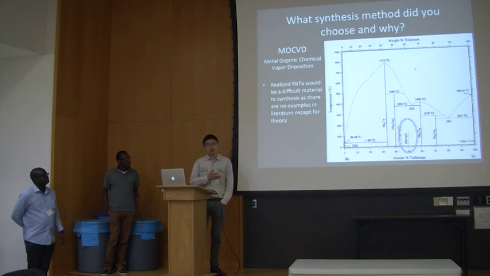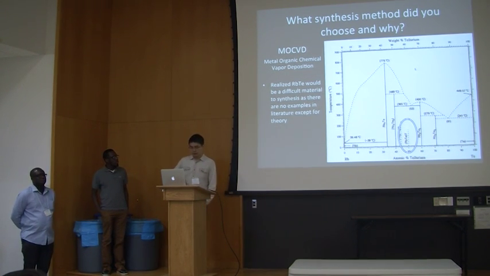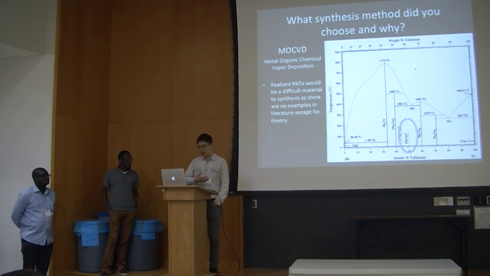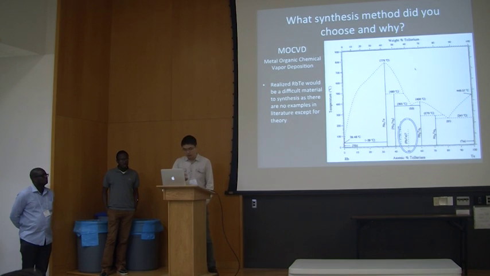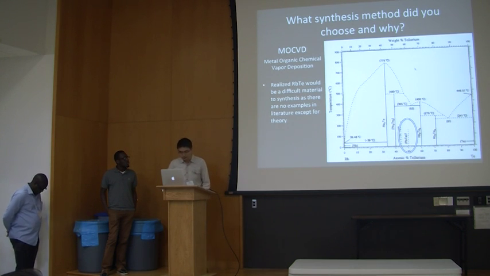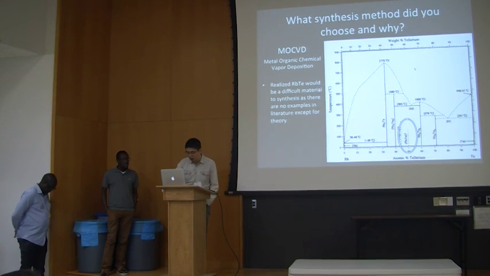Actually, the most commonly available is the Rb2Te, so we can search many papers on that. However, for this RbTe, the 1-to-1 ratio, there's actually a question mark.